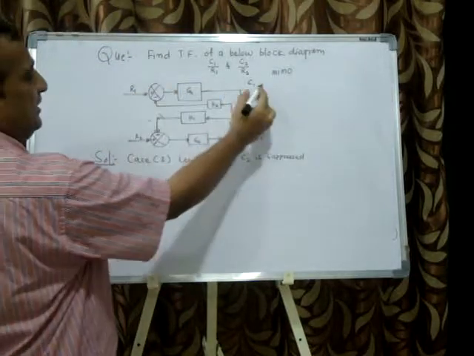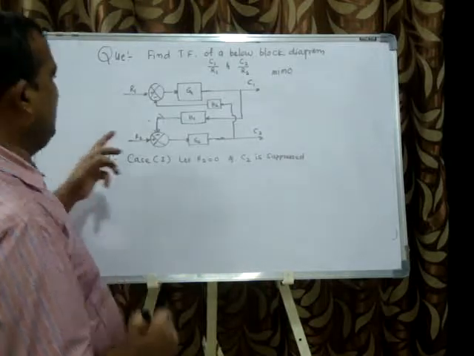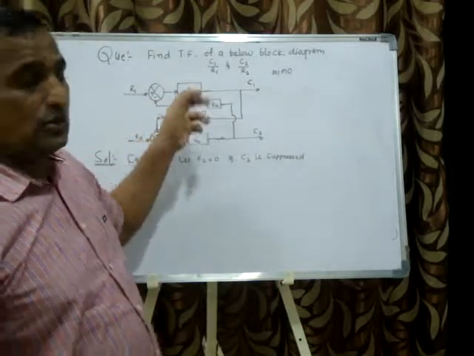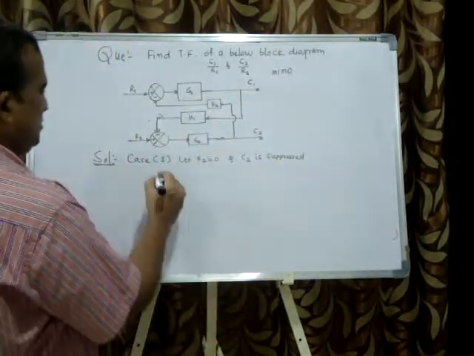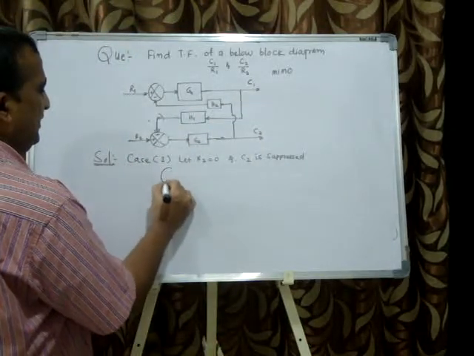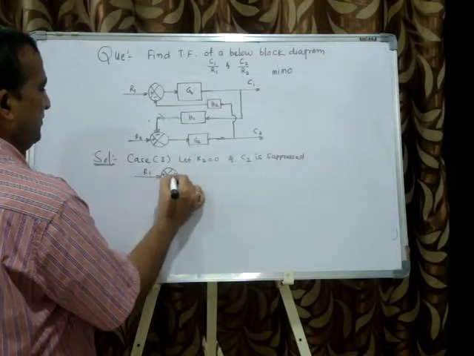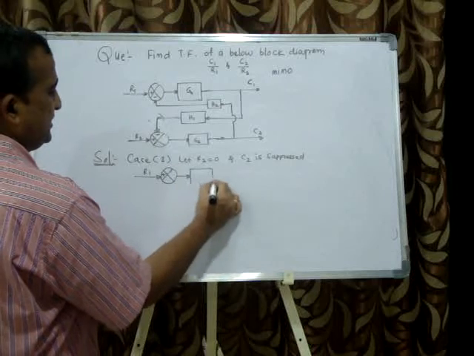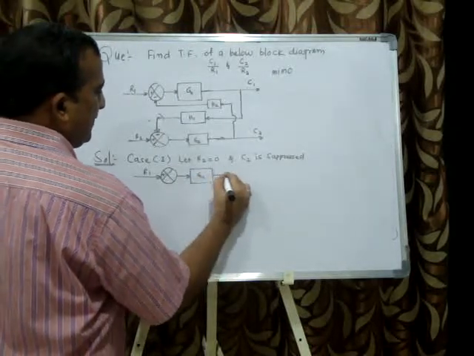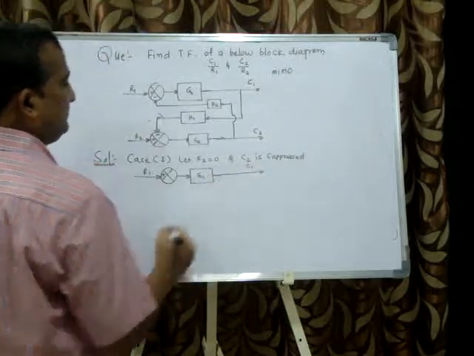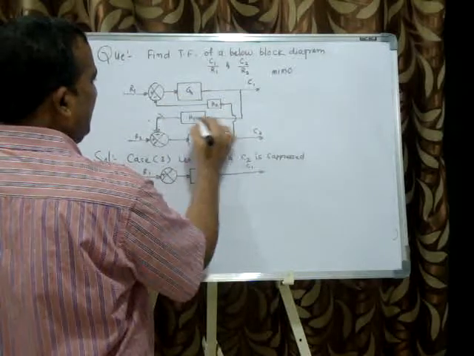I will start from R1 and go to C1, because I need C1 by R1. So here I will redraw the figure. R1 plus, C. Next it goes to H1.